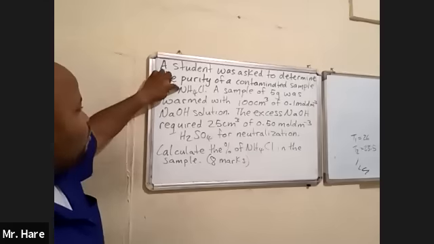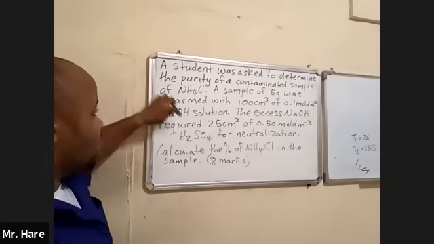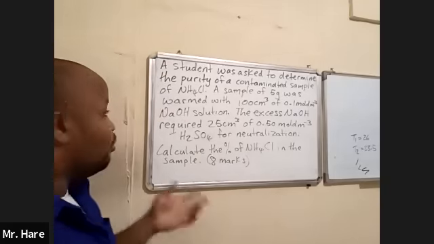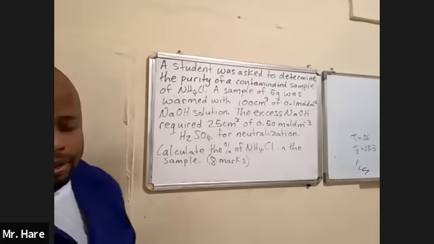Remember, when you react ammonium chloride and sodium hydroxide, you get salt, ammonia, and water.